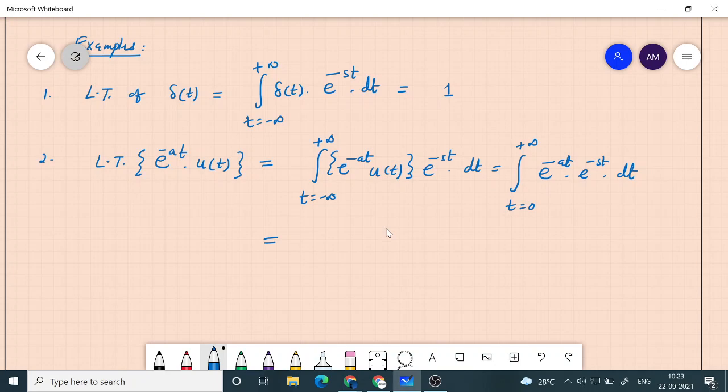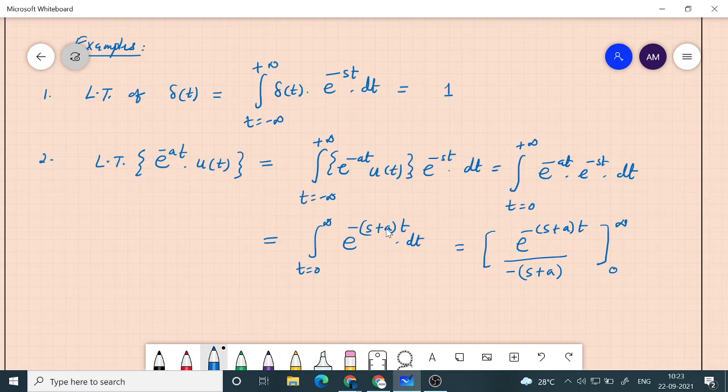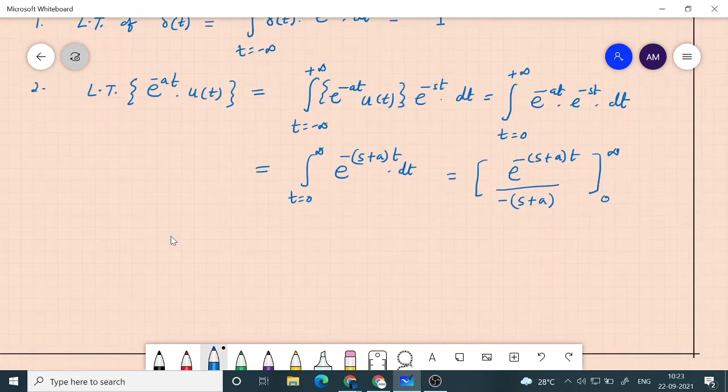You can combine it and write it as t going from 0 to infinity, e raised to minus s plus a into t dt. Now if I integrate this, I will get e raised to minus s plus a into t divided by minus s plus a. And then I have 0 to infinity. Now there is a very critical point.